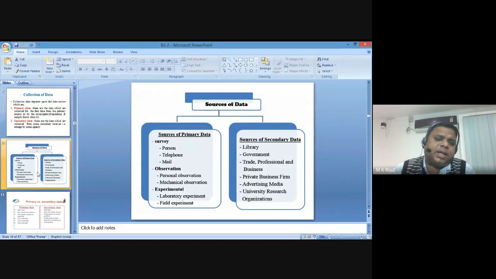The next part, in case of primary data sources, is experimental. You have already performed different kinds of chemistry as well as physics experiments during your intermediate courses.